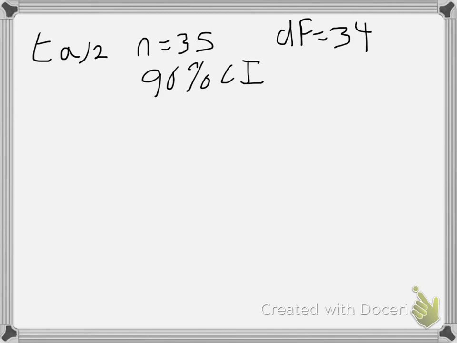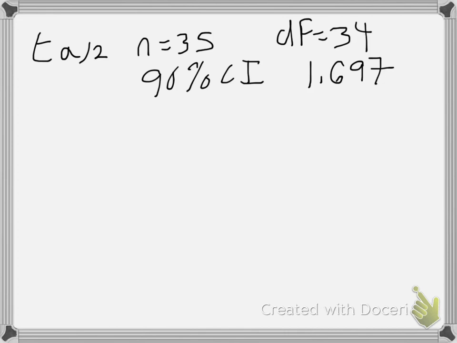But again, I don't have 34, so what did I say you need to do? Do I go up or do I go down? I go down. So I go to 30, and I find my 90%, and I get 1.697. Hopefully that makes sense to you. That's that part of it.